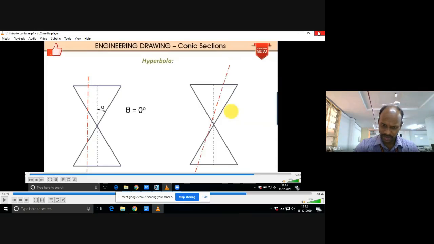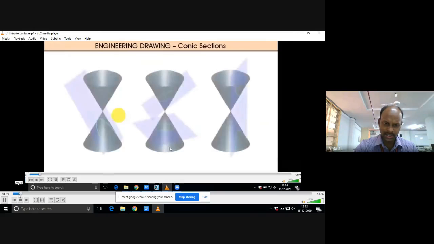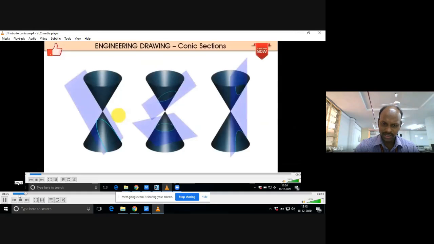So anyway, initially I have shown you some 3D pictures, right? You can easily understand. That means if you take a right circular cone, we are generating different conical sections or planes, or simply we can call them special curves, engineering curves.